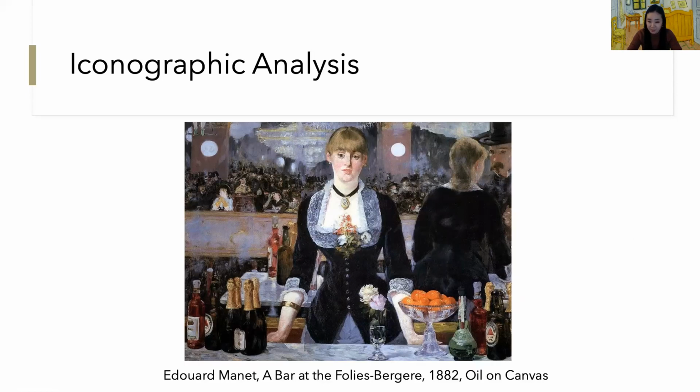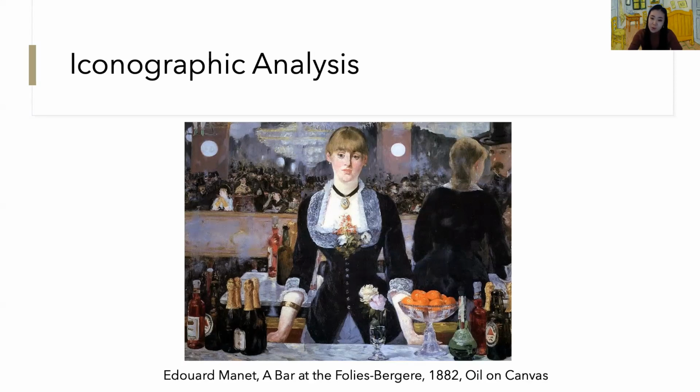Why did Edouard Manet use the oranges as his symbol of prostitution? No one knows why he picked the oranges to symbolize prostitution. No one knows actually. Still, many of the critics are still arguing about Manet's work because his work is kind of hard to read.